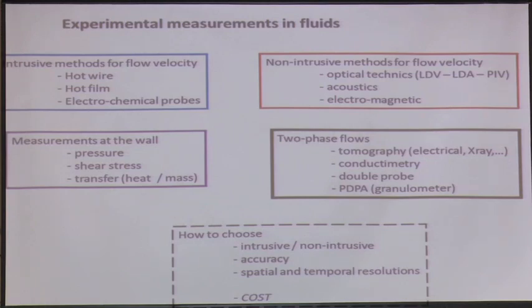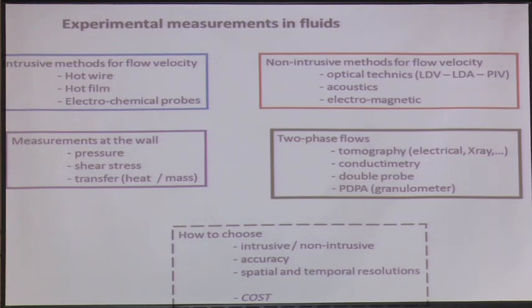So of course you have to do the calibration. Again, this morning I warned you about the different mistakes and errors you can make with CFD. You can have the same problems with experiments. It's not because you have an experiment and you do a measurement that this is the truth.